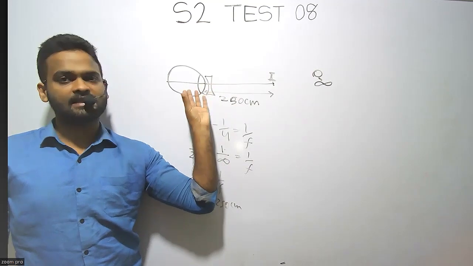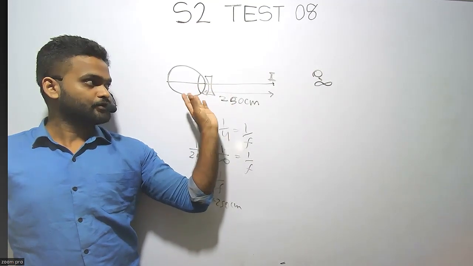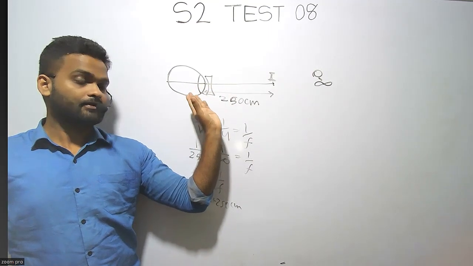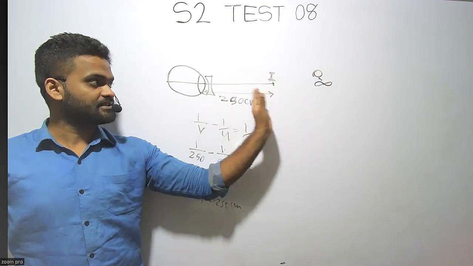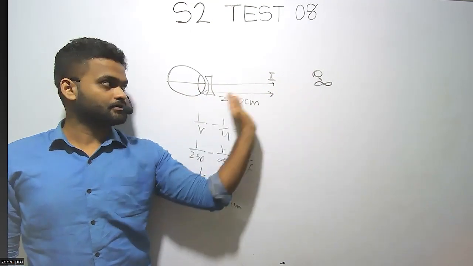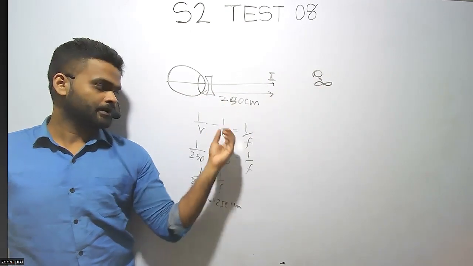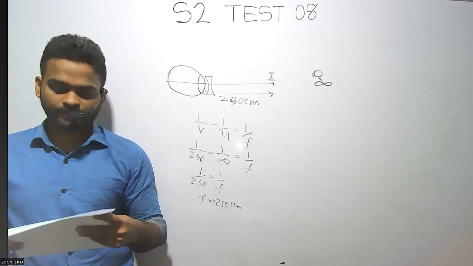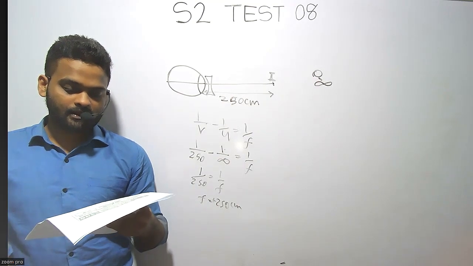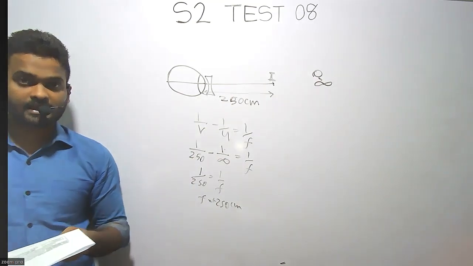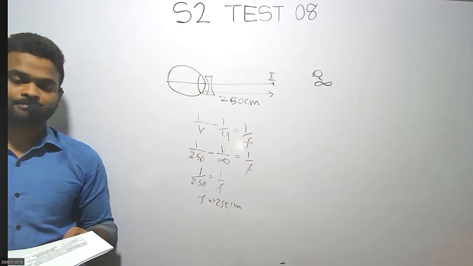So that's what this lens does, right? So you can clearly understand what the image distance is and what the object distance is. The object distance is this one, this is the image distance, right? Then you can use the lens equation to find the focal length. Okay, so the answer should be the second one, for the fourth question.